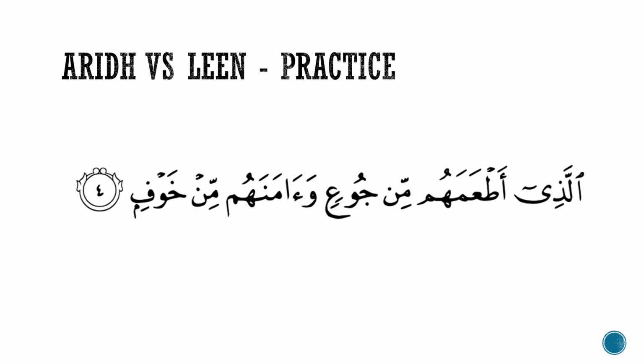Let's do another example of mad arid and mad leen. So we have an ayah from the Quran, الذي أطعمهم من جوع وآمنهم من خوف. If we decide to stop at the word ju', then we can see there is a waw madda, waw preceded by the dhamma, followed by the letter ain, where we will put a temporary sukoon, which makes it mad arid lis sukoon.